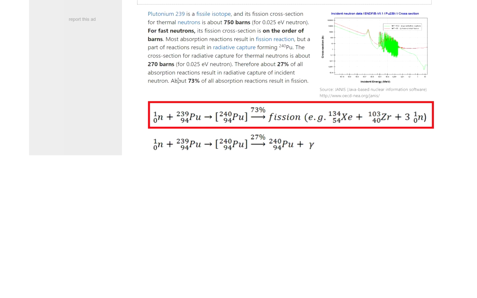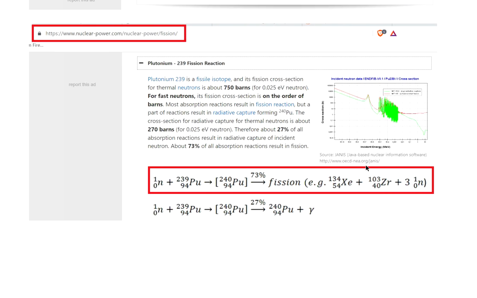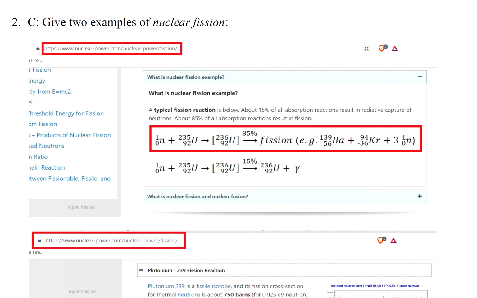It says here about 73% of all absorption reactions result in fission. So we have fission here on the top, and we do not have fission here on the bottom. You could call it gamma decay. Same thing up here. We have fission on the top, we have gamma decay on the bottom.